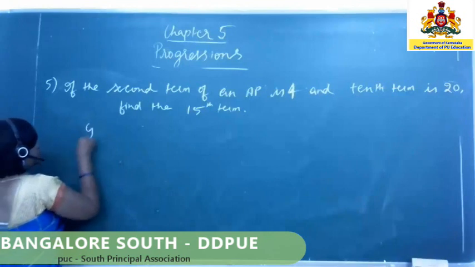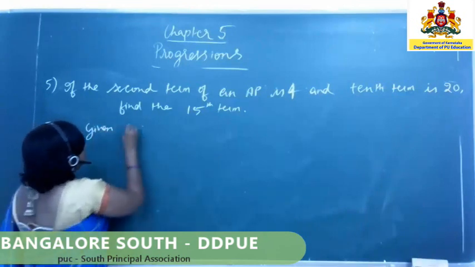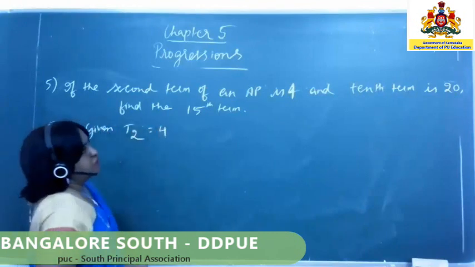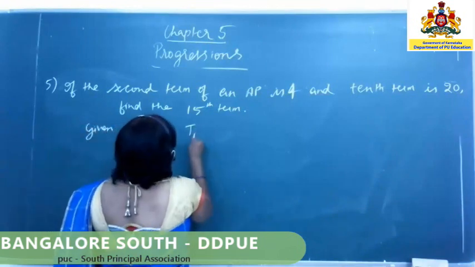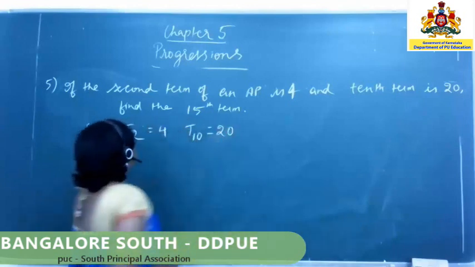So given, second term T2 is equal to 4 and 10th term is 20. So T10 is equal to 20.